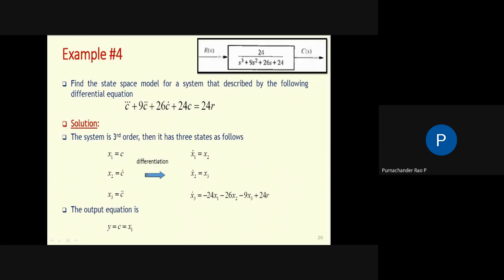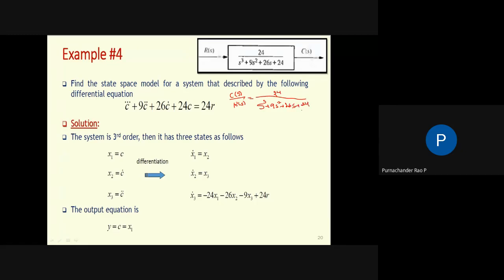The output is C(s) and the input is R(s), so the transfer function is C(s) by R(s) equal to 24 divided by s cube plus 9s square plus 26s plus 24.